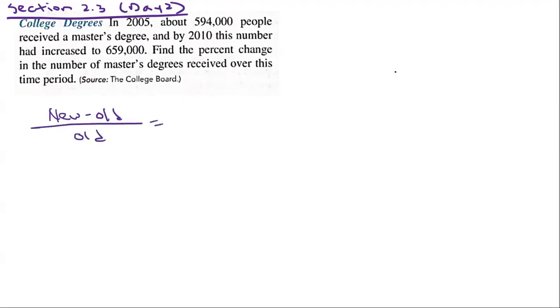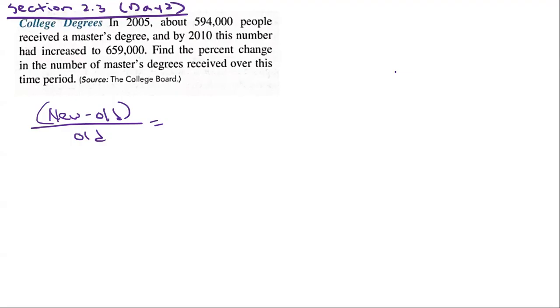The new is the most current data minus the old data, and then divided by the old data. Just a caution, make sure that this is in parentheses when you type it in the calculator, or do that first and then divide it by the old. So don't try to do it all in one shot because you will probably get it wrong.